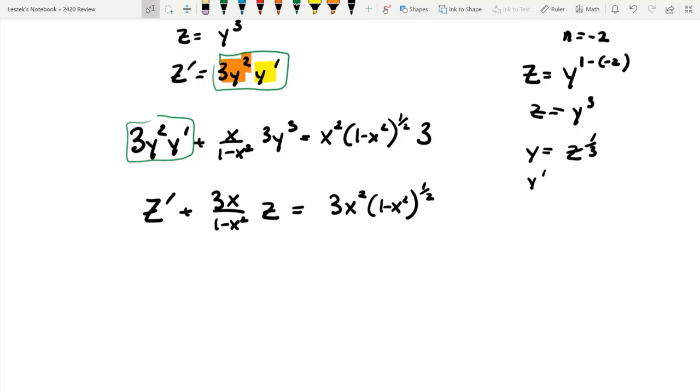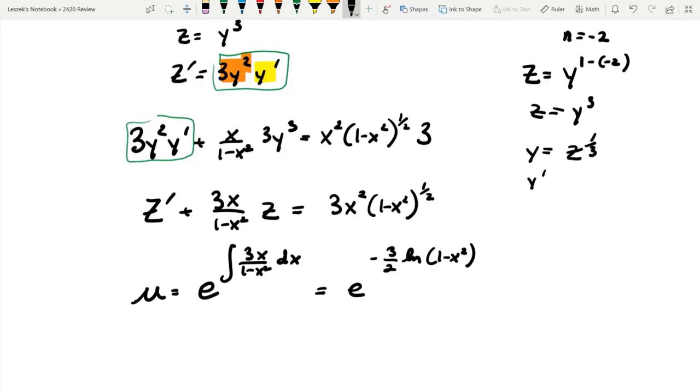So now we have a first order linear equation, right? So our integrating factor is, I believe that gives you, let's see, there's a 3, negative 3 halves log. Yeah, that works.